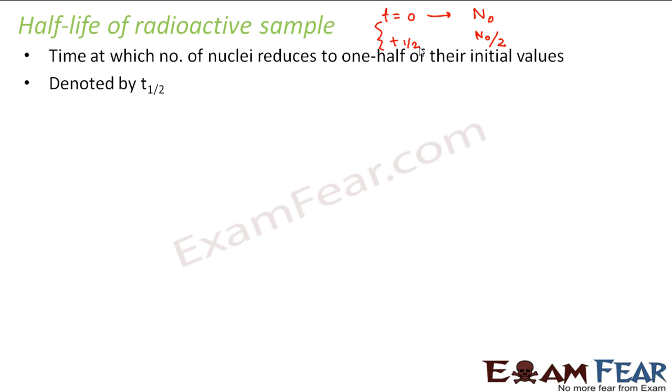Now it is basically a measure of how long a radioactive nuclei lasts. Let us suppose you have two different samples. One sample has a half-life of 1 year. The second sample has a half-life of 2 years. That means the first sample will become half of its initial value in just 1 year. The second sample will become half of its initial value in 2 years. What does this depict?